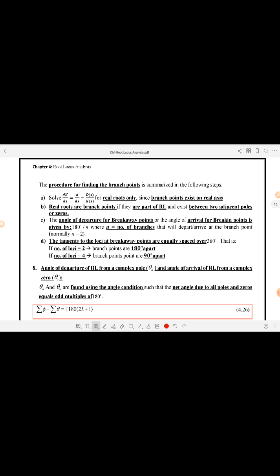So this is the physical meaning, but we need to know the procedure to find the branch points.